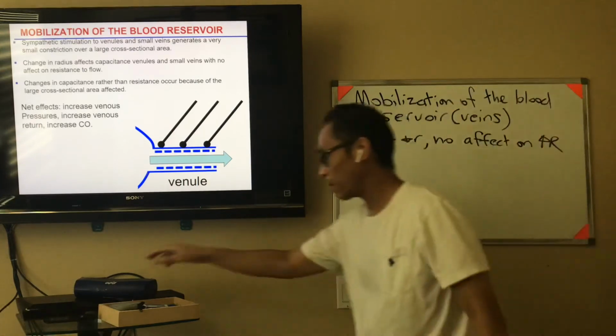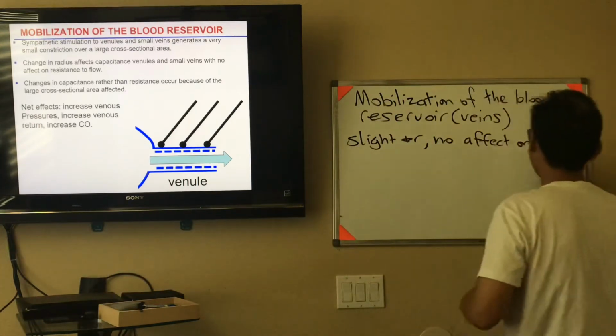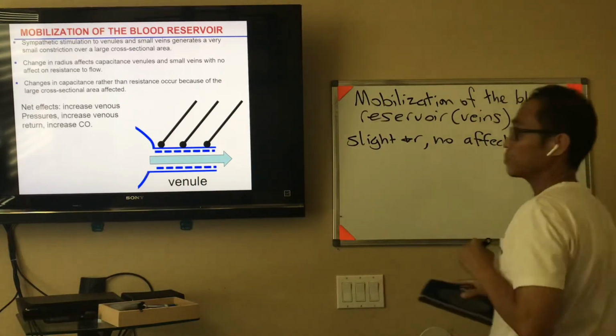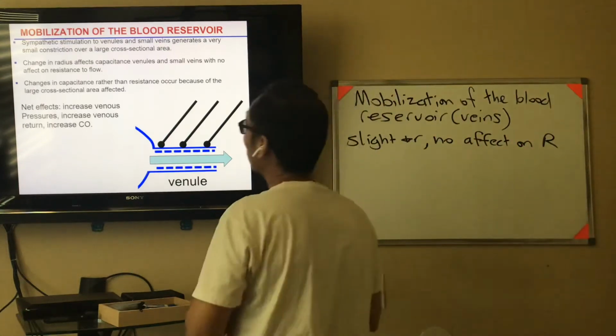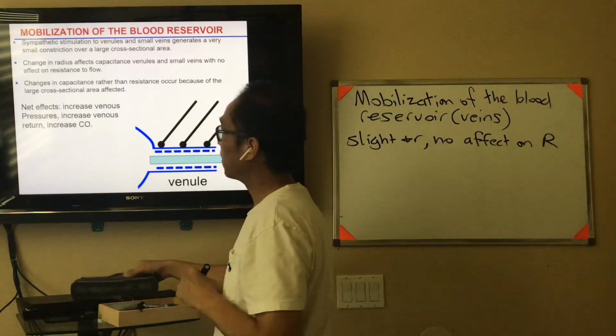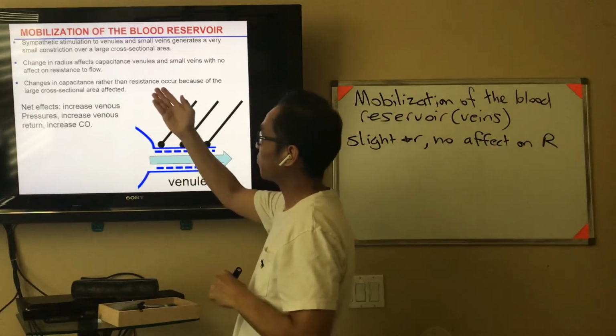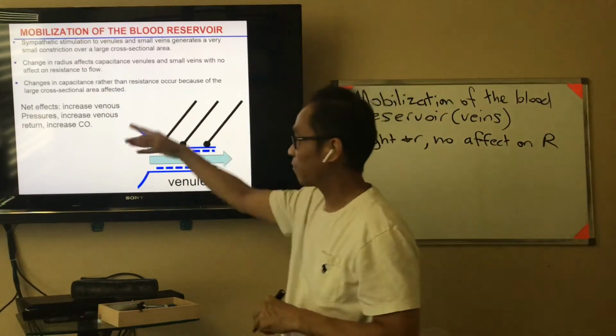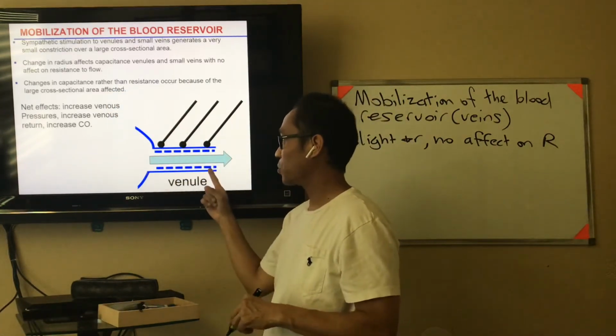I'll just say no effect on R, not increase R, on resistance to blood flow. Rather, you decrease capacitance. Changes in capacitance rather than resistance occur because of the large cross-sectional area influence.